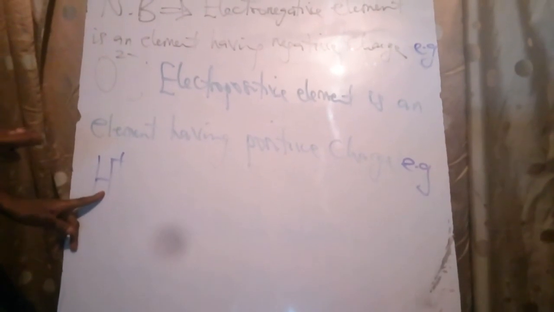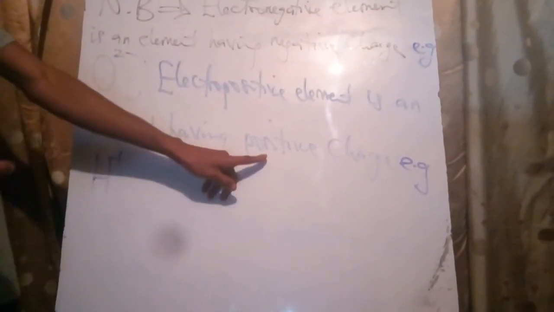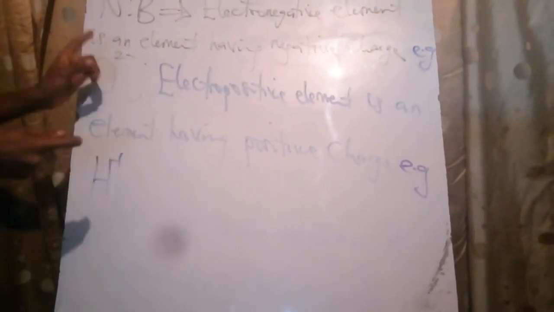Therefore, the point I'm making here is that the definition hydrogen has for oxidation and reduction is the same definition electropositive element has, and the definition oxygen has for oxidation and reduction is the same definition that electronegative elements have, because oxygen is an electronegative element and hydrogen is an electropositive element.